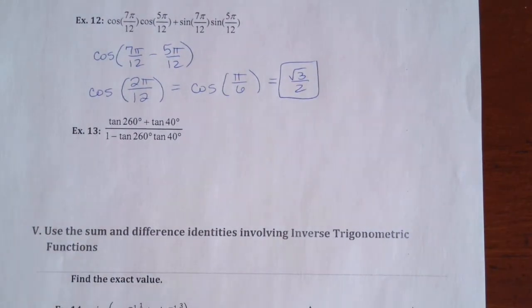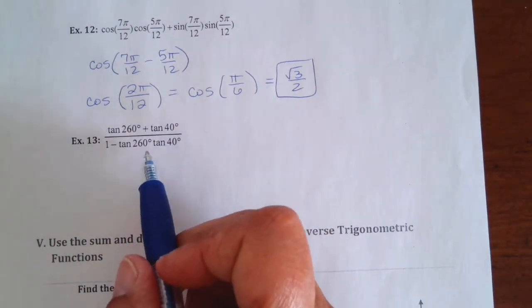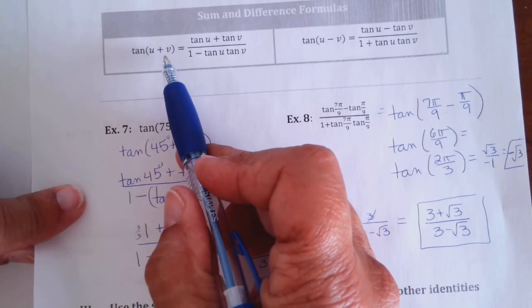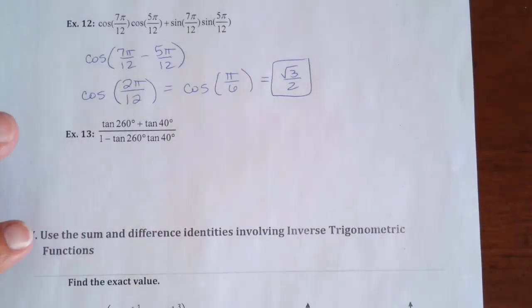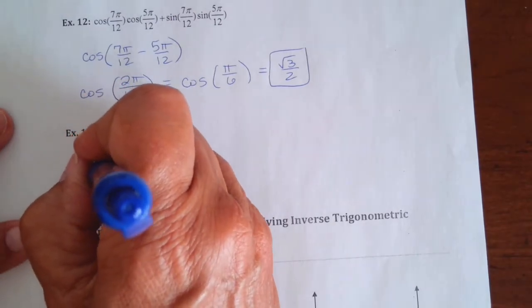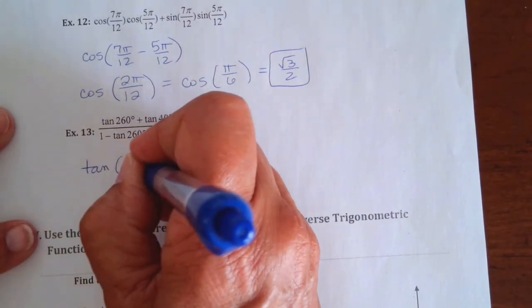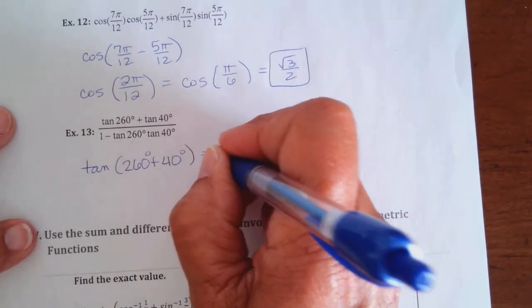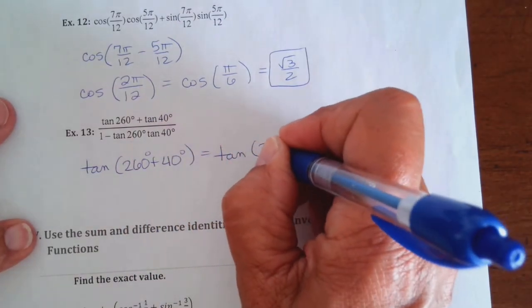All right, and then one more tangent. So the ones we just did, this has got a plus sign in the top and a minus in the bottom. So that means we're going to take the two angles and add them. So that's the tangent of 260 plus 40, which gives us the tangent of 300.